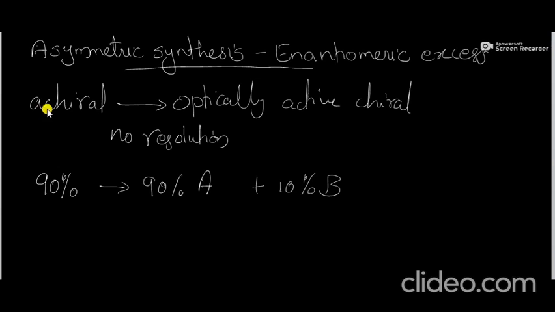That is enantiomeric excess, which can be represented by EE. Enantiomeric excess equals percentage of one enantiomer minus percentage of the other enantiomer.